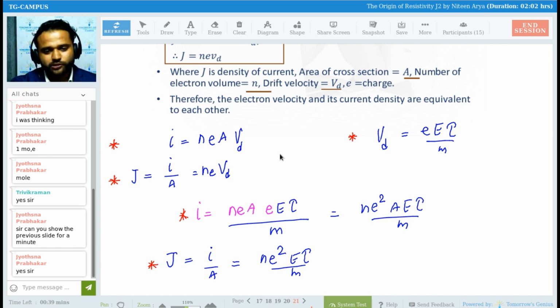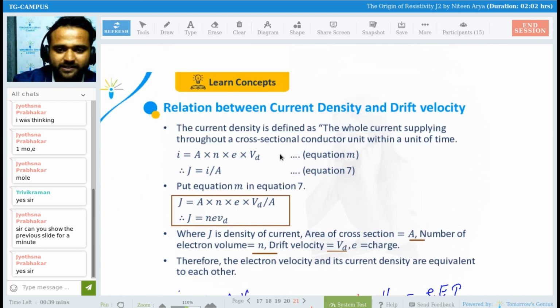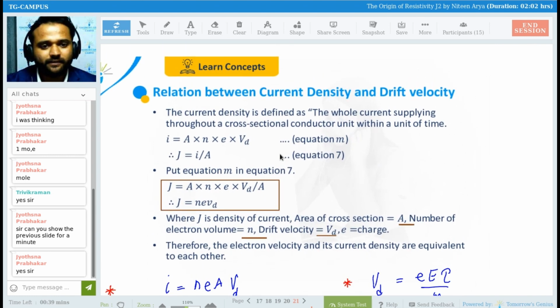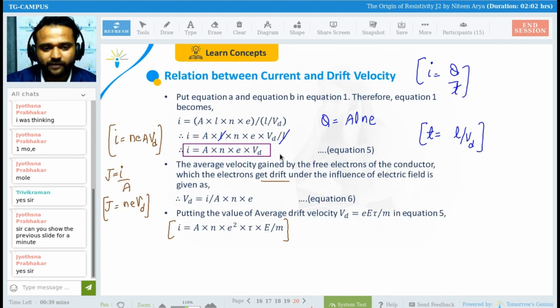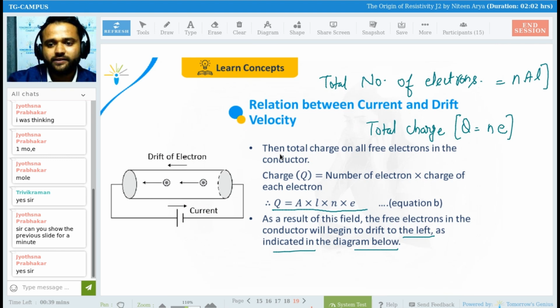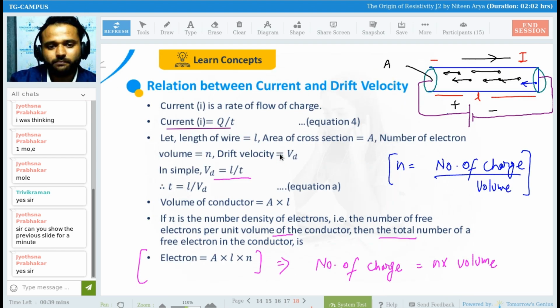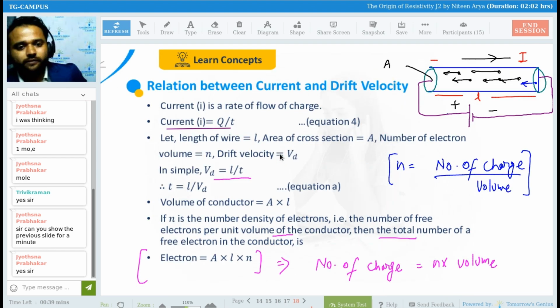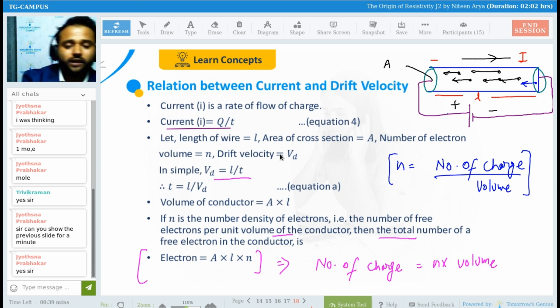Right now you are going to be confused also, but the moment you understand, okay, let's start from the beginning, and then you are going to understand in a very crystal clear way. So first of all, we know this I equals to Q by T, simple thing, charge upon time, for any particular length of wire L, area of cross section A, and small n, the number of electrons per unit volume.